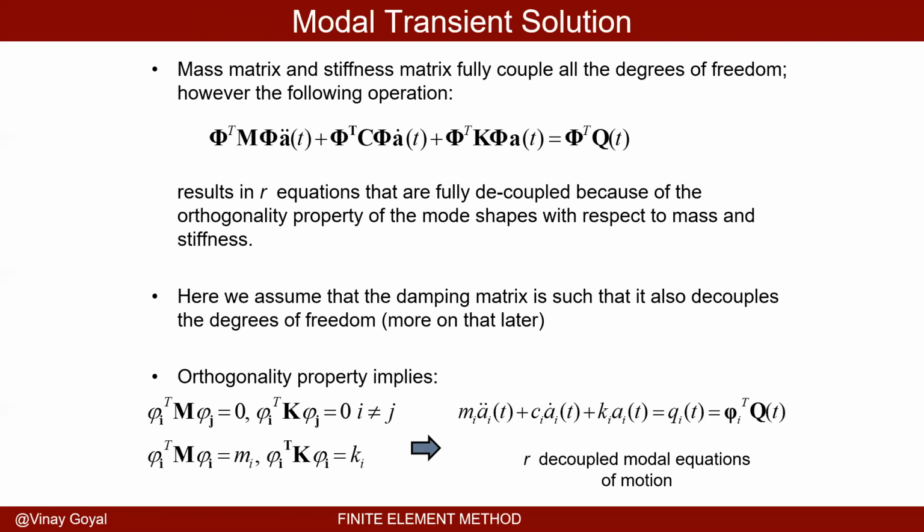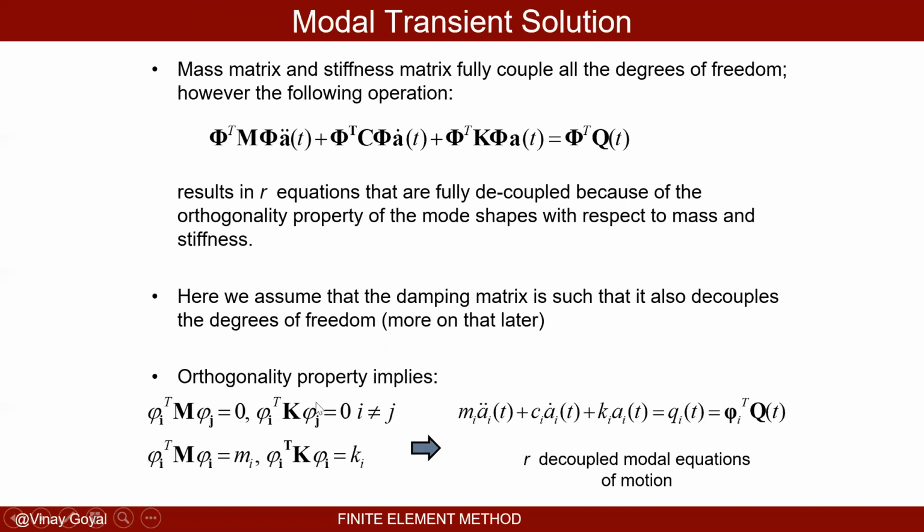And that's because there's a property that has to do with orthogonality of the mode shapes with respect to mass and stiffness. Here, we assume that the damping matrix is such that it will decouple it. I'll discuss more of that. But what is the powerful thing, and it can be proven, and I won't prove it in this course, but if I took phi off diagonal terms and multiply them in this multiplication, it will get 0.